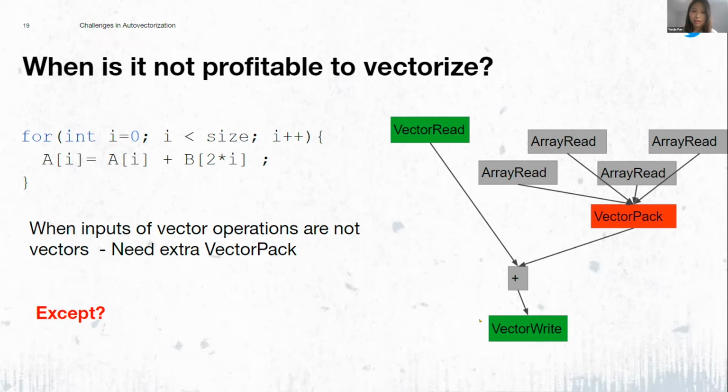However, when we're accessing array B, we're accessing non-adjacent indices. So we need 1 extra vector pack, and overall the vector pack overhead is higher than the vector read and vector write. So when the inputs of the vector operators are not vectors, we need an extra vector pack here, and it's not beneficial to enable the autovectorization in this case.